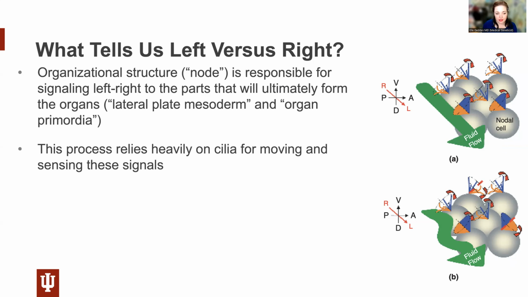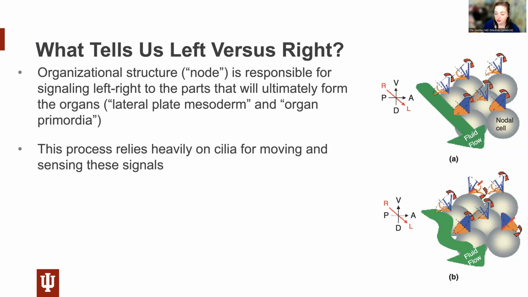And the way that this does this relies heavily on cilia, or those little structures, and they both move the message. So they functionally will move the message, and they actually can sense the signal of, okay, I got this message. Now, what do I do? How do I form? How do I change this cell or this organization of cells?